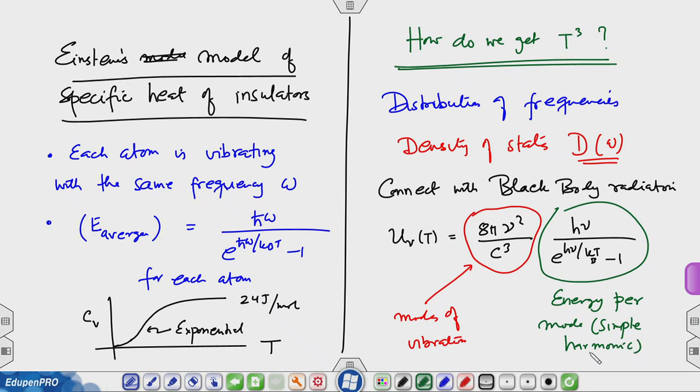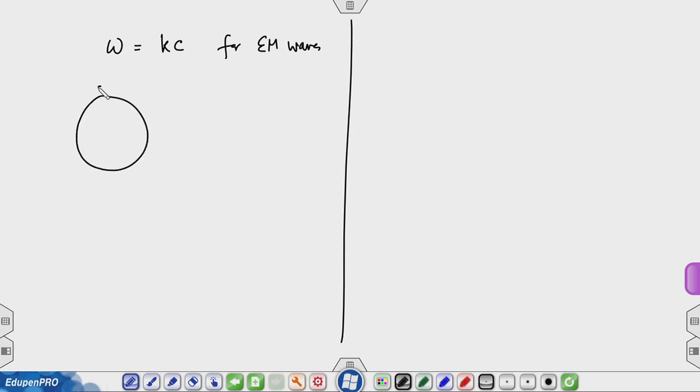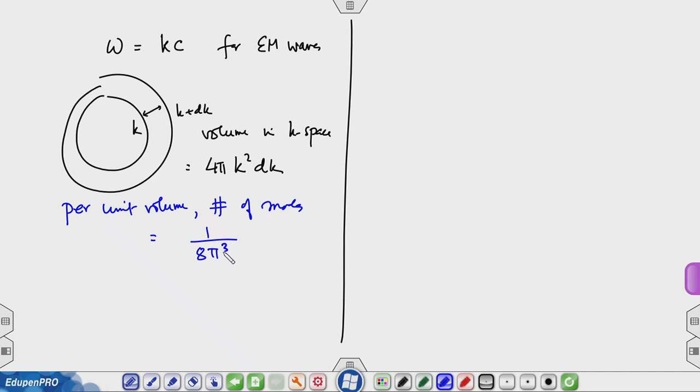So, let me just recall how these modes are calculated. What we do is that we have omega equals k c for light, and if you go back to how we are doing free electron theory, the volume in k space between k and k plus dk is equal to 4 pi k square dk, and per unit volume the number of modes is equal to 1 over 8 pi cubed.